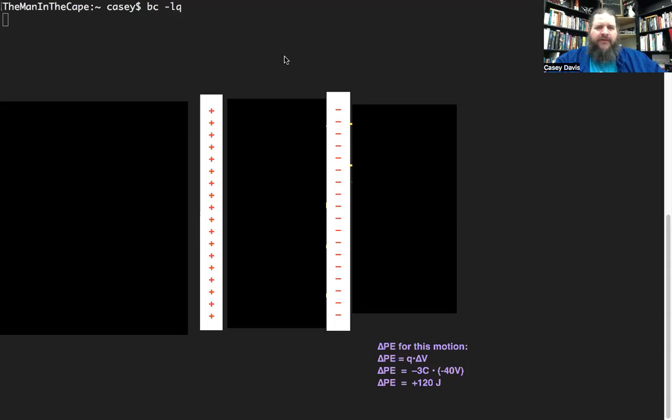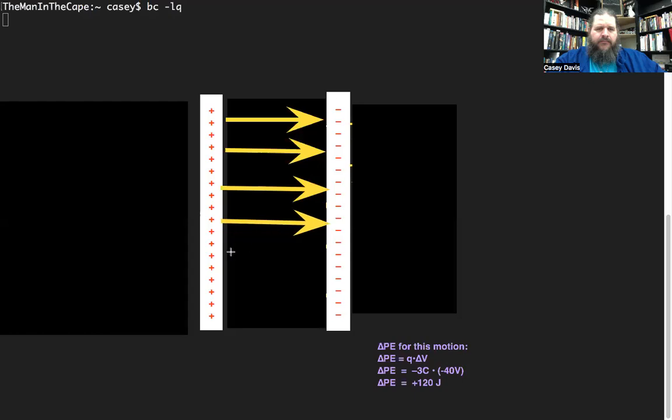So the overall electric field in this region is a very strong electric field pointing from left to right, from the positive plate towards the negative plate. And this very strong electric field in just the in-between region creates no electric field in the outside region.